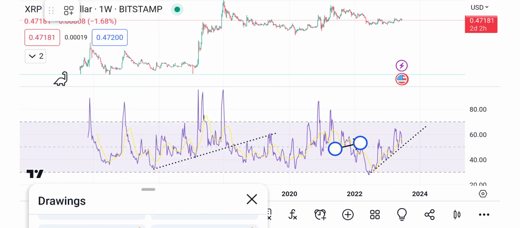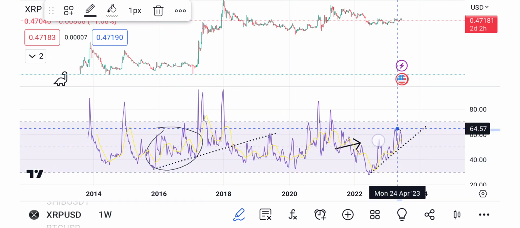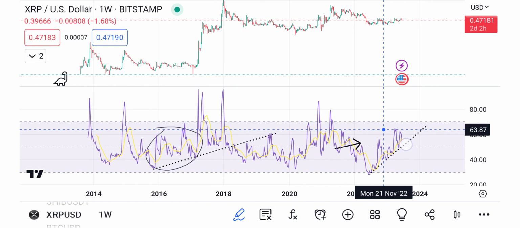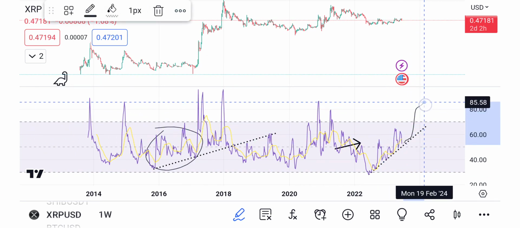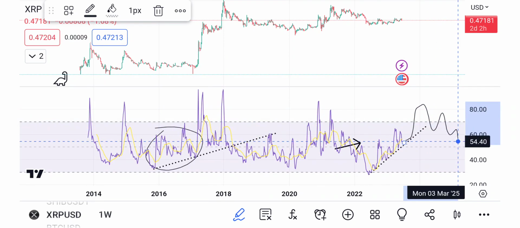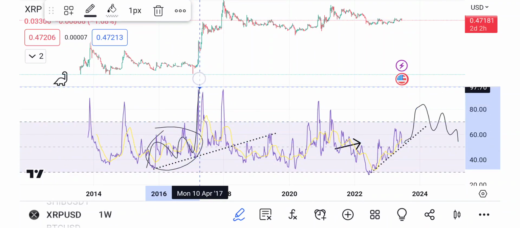Let me show you on the chart. So this area right here, I'm looking at this area right here. I want to see this go up and then come down like this. That's kind of what I want to see, just like how this one was going like this, and then we had this rise.